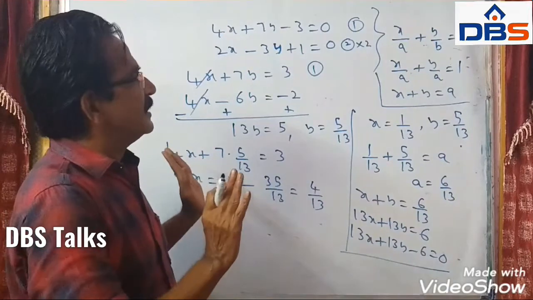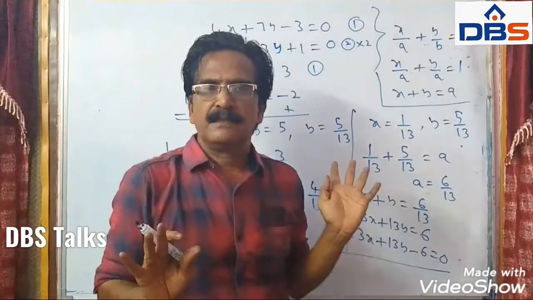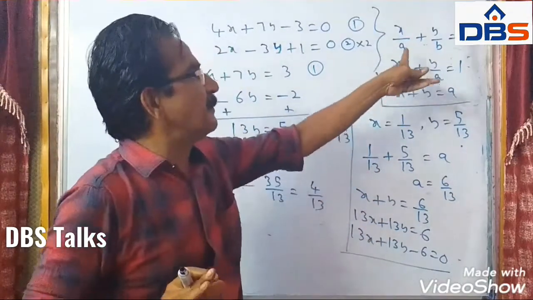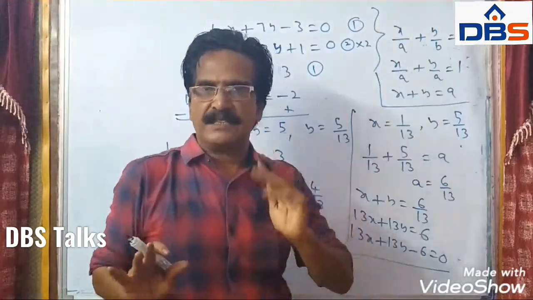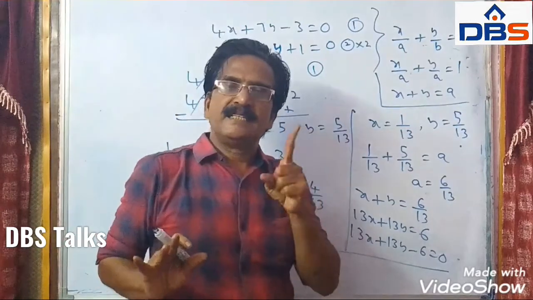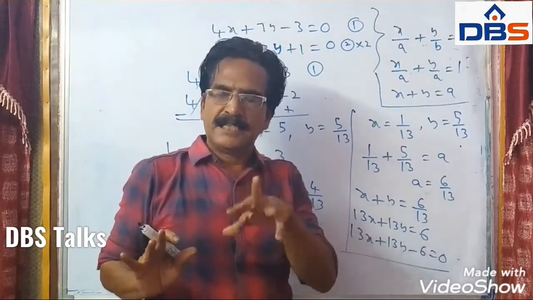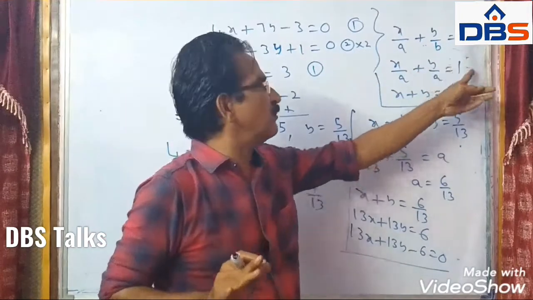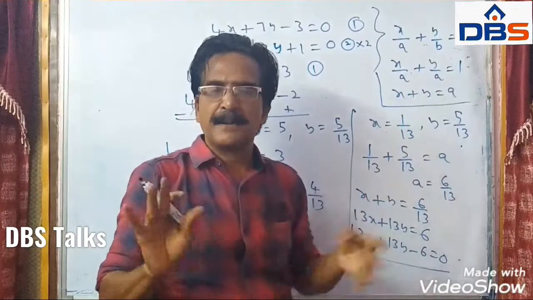See, friends, this is a simple problem. In fact, since this is the intercept form, x by a plus y by b is equal to 1, first thing. And the problem says the intercepts are equal. Then x by a plus y by a is equal to 1, x plus y is equal to a.